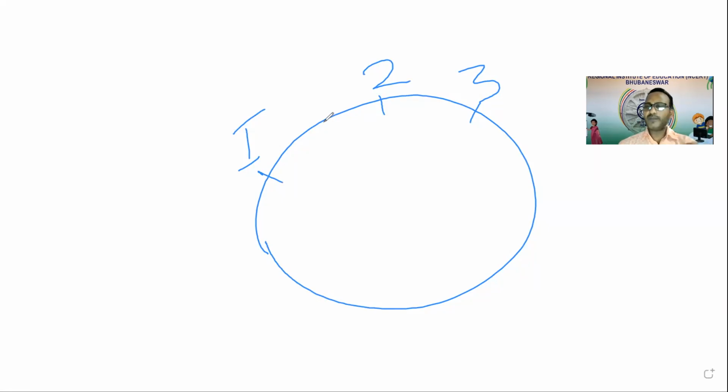But here there is one problem in the ordinal scale, that is the equality of the interval. If you see this, the difference between rank 1 and rank 2, and the difference between rank 2 and rank 3 is not equal. It may not be, and many times it is not. So this is one of the limitations of the ordinal scale.